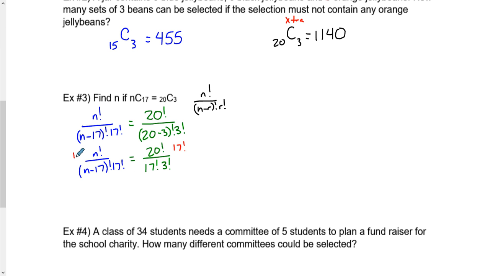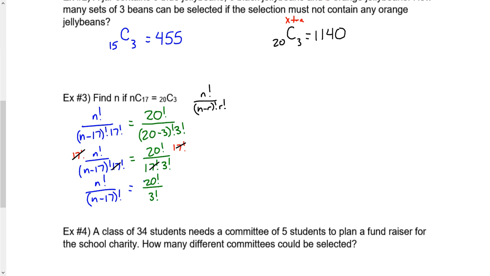So multiply both sides by 17 factorial, and those are going to be gone. So n factorial over n subtract 17 factorial equals 20 factorial over 3 factorial.